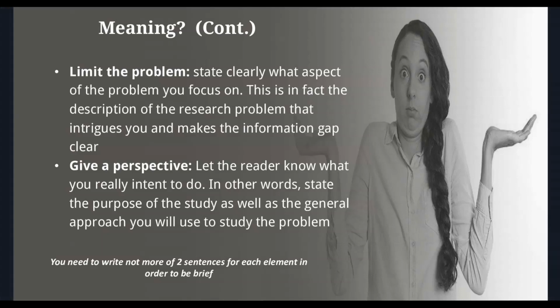So you have to limit your problem and make the gap of knowledge clear. And finally, a perspective gives readers a clear idea of what you intend to do, and from which point of view you will do it.